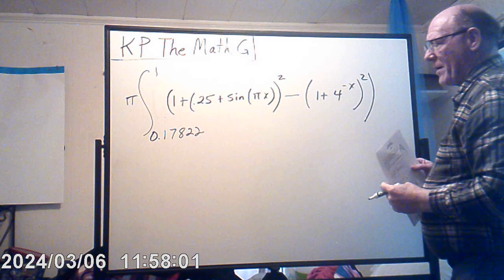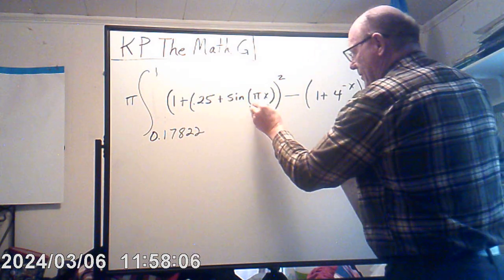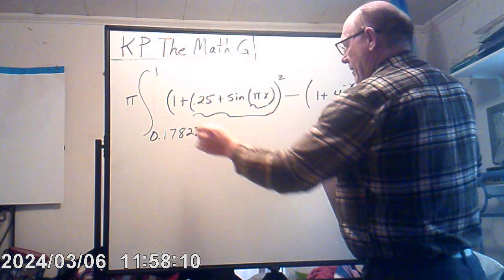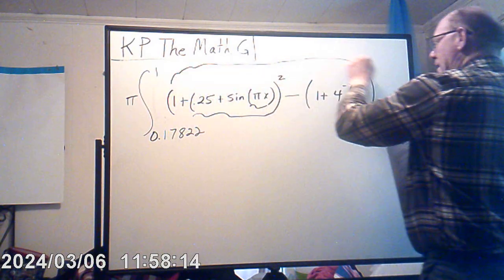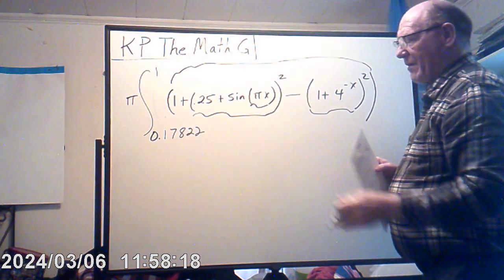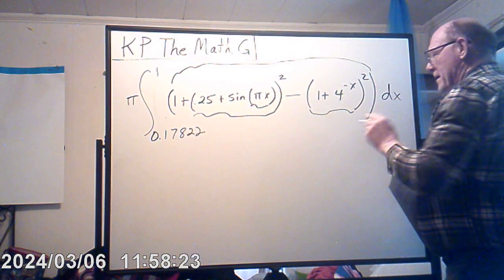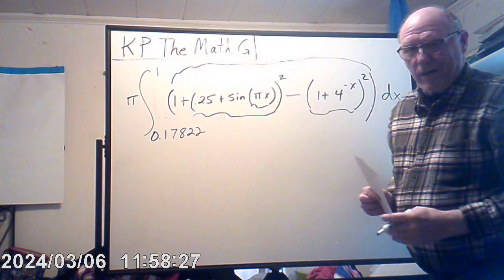Let's see how many pairs of parentheses we have now. I have these two here, these two here, and this one, these two way out here, and then these two here. So that has to match. If it doesn't match, then of course with dx here, it's going to come up with an error.